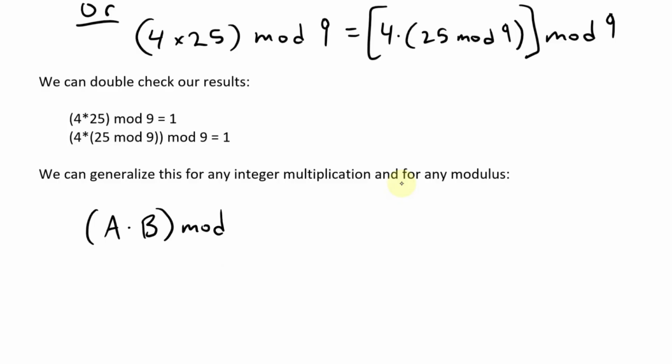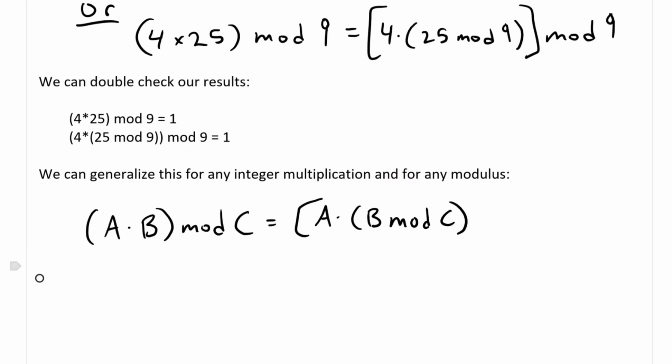It doesn't need to be mod 9, just anything, because we're not taking the vortex sum here. We're just doing the general modulo identity. This equals a times b mod c. So the modulo of the multiplication is equal to a times the modulo of b relative to c. So b mod c, close bracket, mod c.